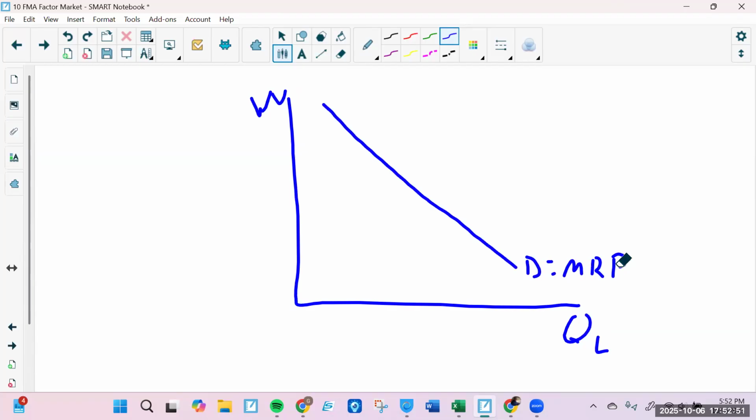But if I told you right here, for that third worker, that point right there is also the same thing as the value of the marginal product of labor.